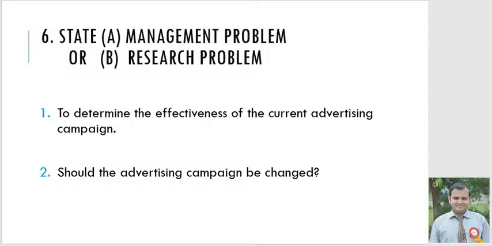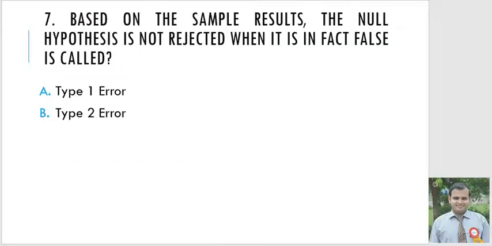Moving ahead with the seventh question, based on the sample results, the null hypothesis is not rejected when it is in fact false is called which type of error?